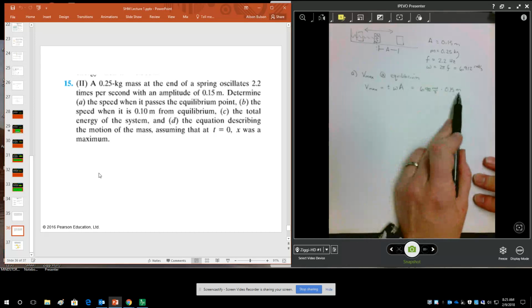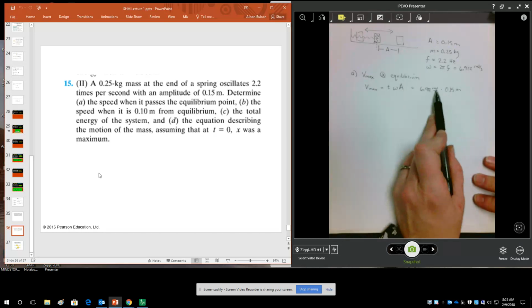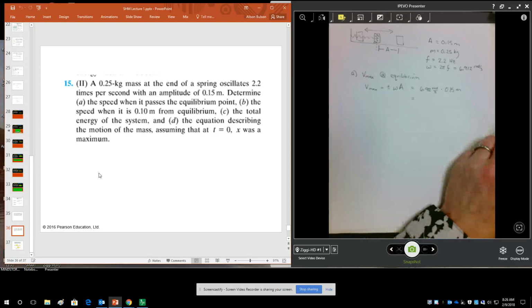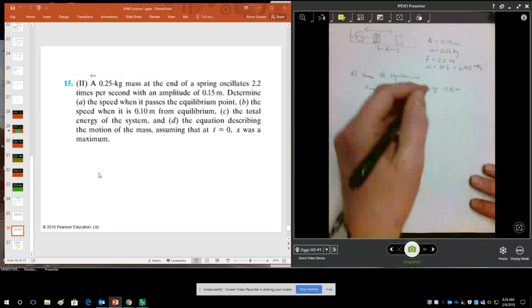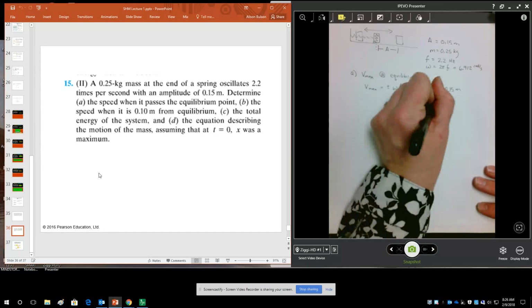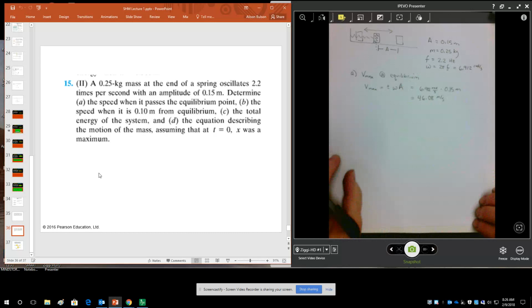And again, checking those units, I've got meters times radians, but radians are unitless, so meters per second. So that's good. It's a good check. I've got units of expected meters per second for velocity. And my max velocity then, according to the given quantities, is 46.08 meters per second.